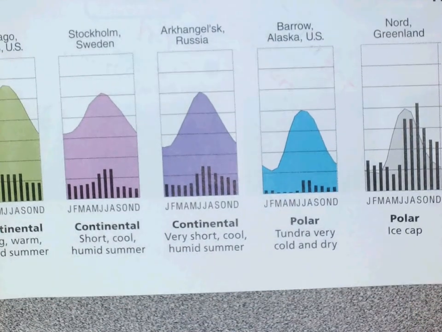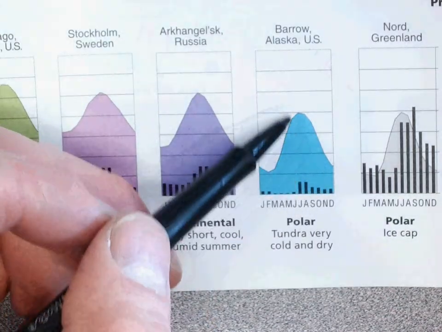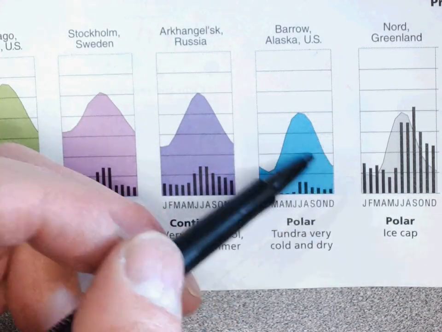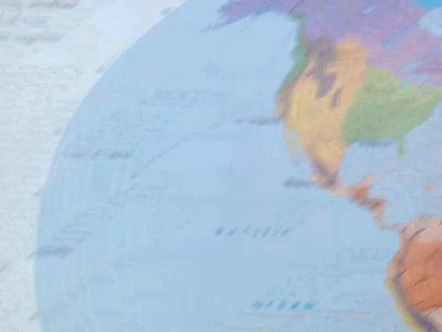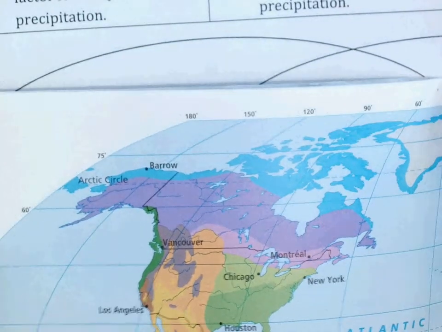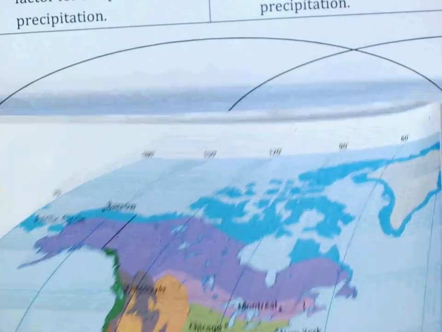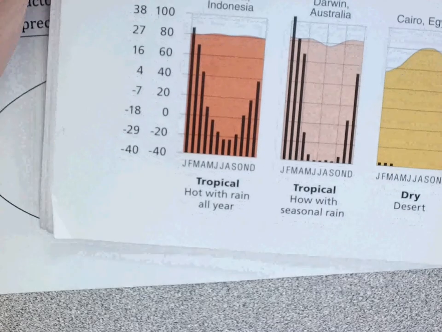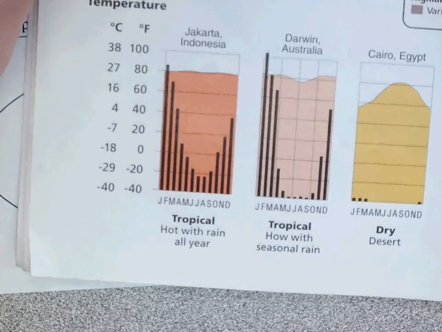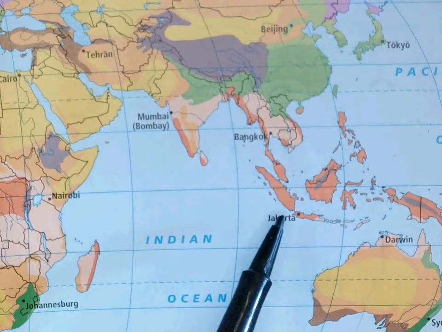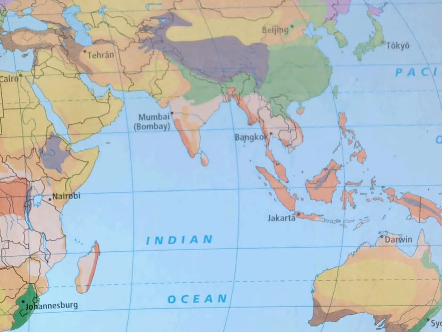For Barrow, we see these extreme seasonal differences because Barrow is way up high, very far north, while in Jakarta we see very little seasonal difference in temperature because Jakarta is right around the equator.